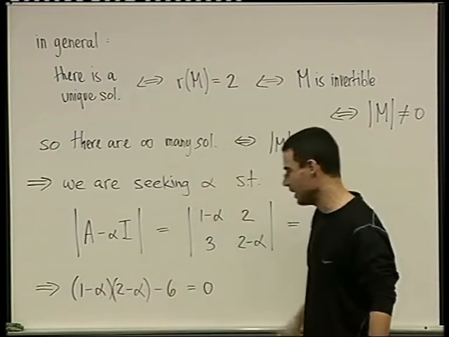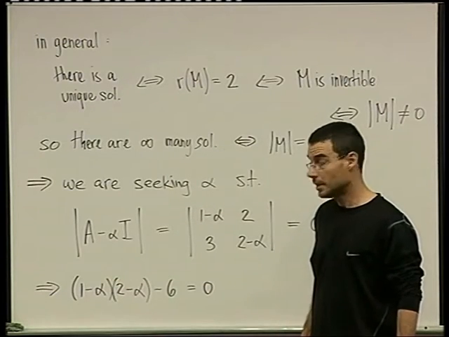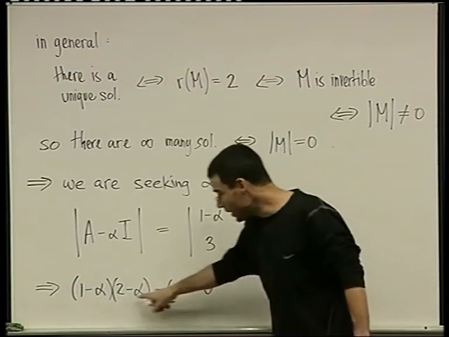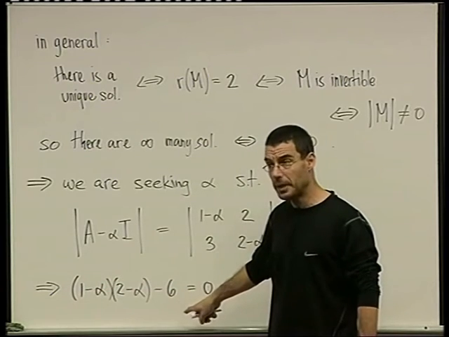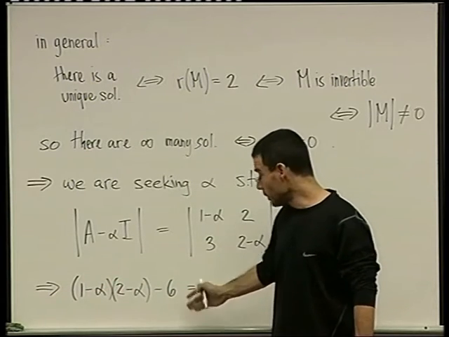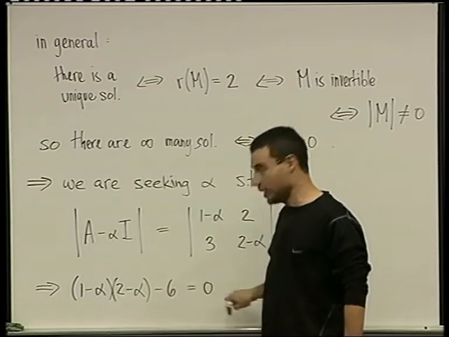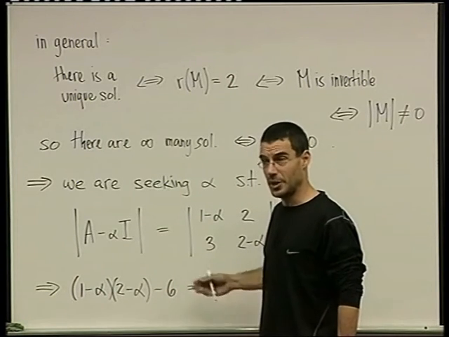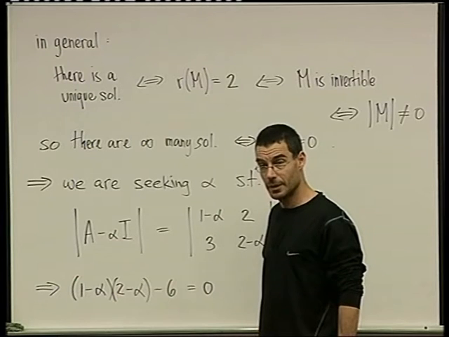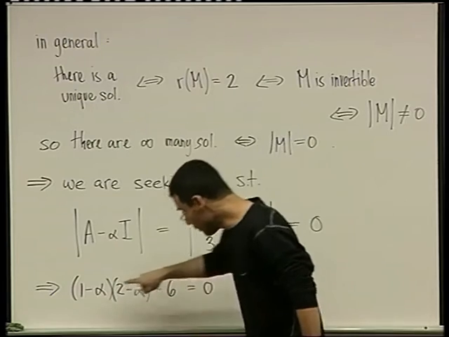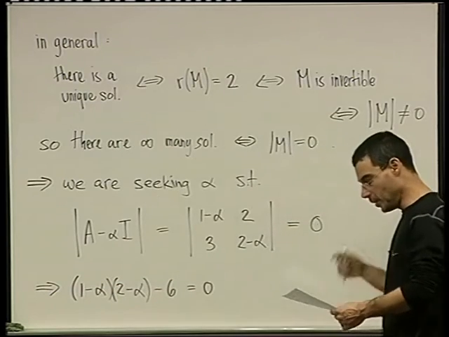What's written on this left-hand side? This is no longer a matrix. This is a polynomial in the variable alpha. And we're looking for alphas that solve polynomial equals 0. What are such alphas called? Solutions or roots. We're looking for roots of this polynomial.